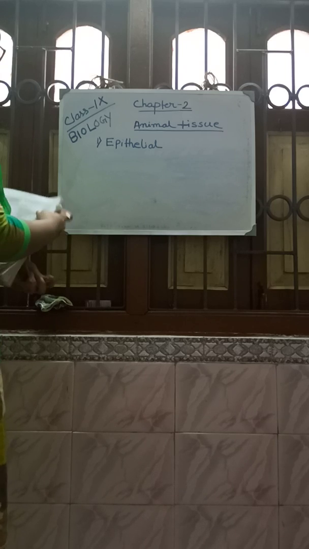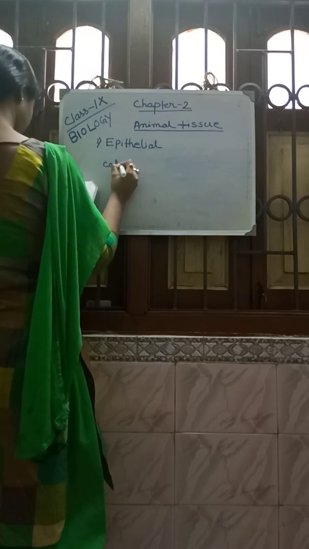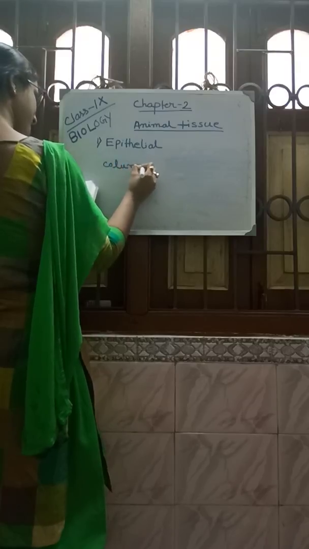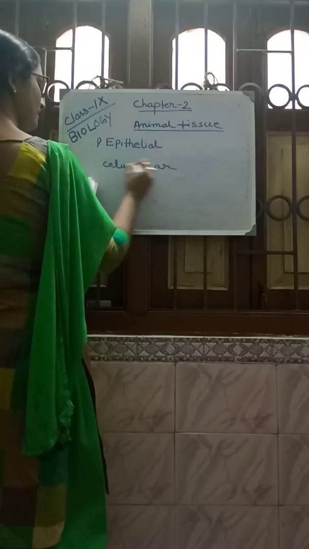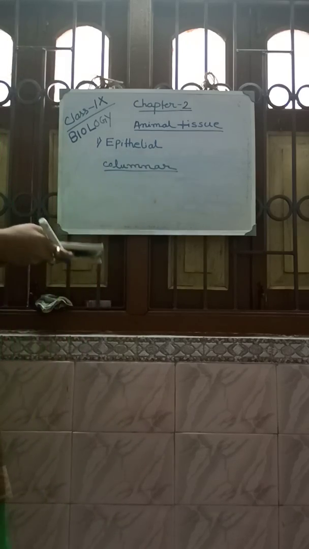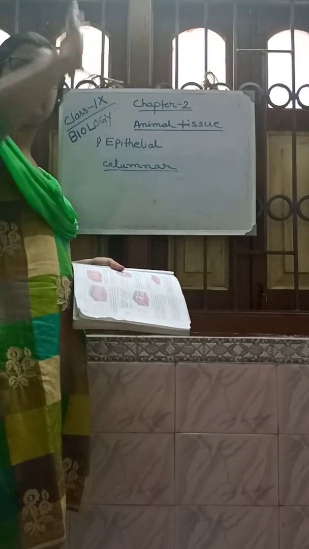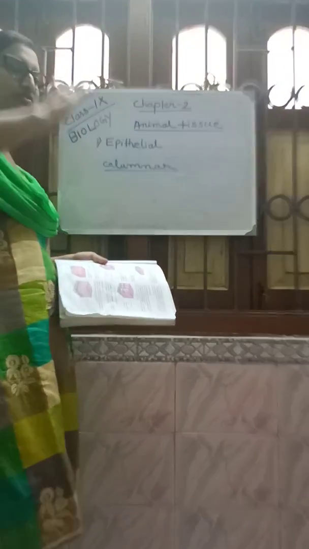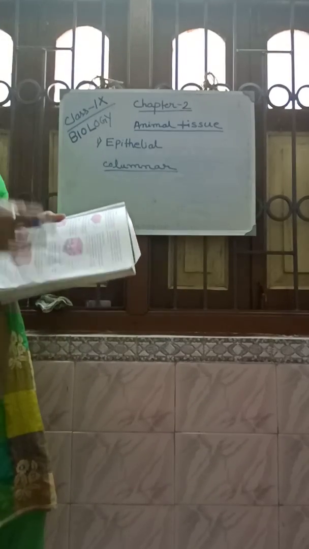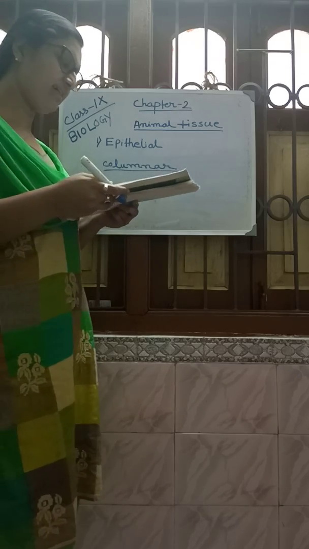The third one is the columnar epithelium. The columnar epithelium is column-shaped, pillar-like. These cells are much taller than their width, and their nuclei lie in the basal part.